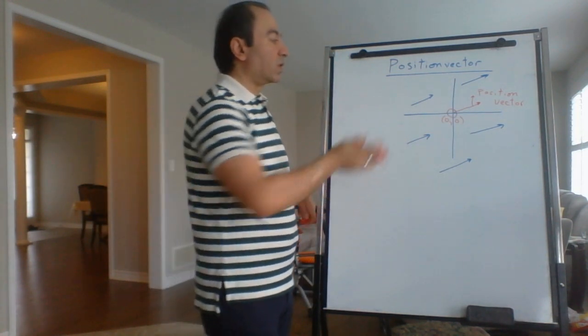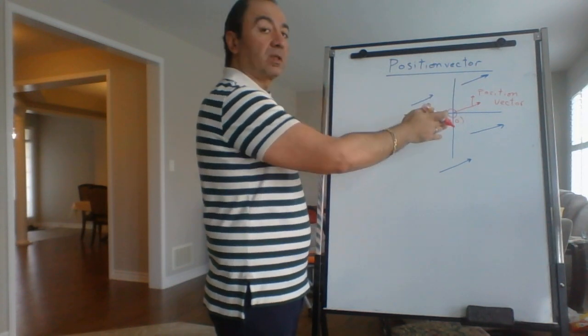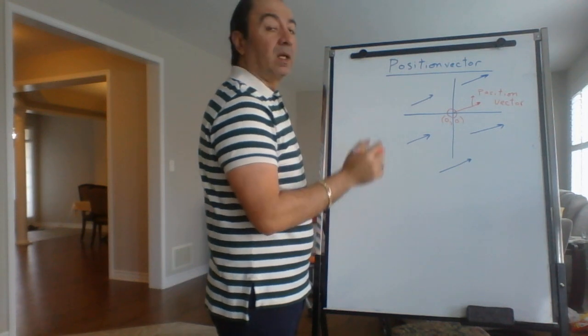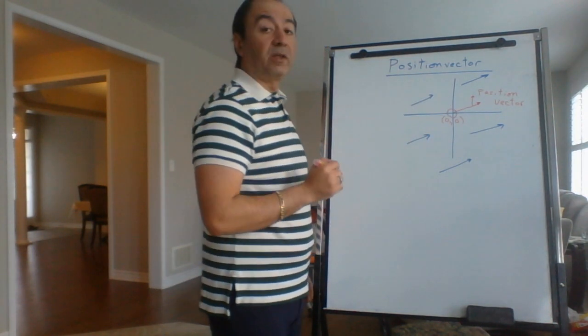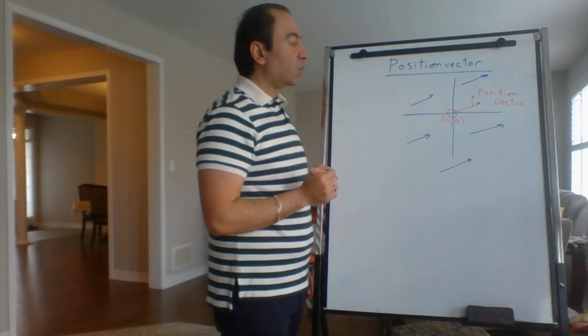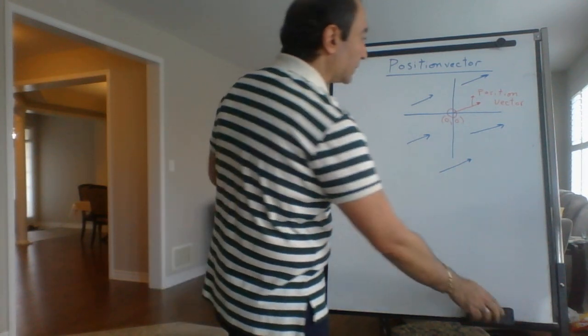So a position vector is a vector that represents many other vectors. It is parallel to them, with the same direction and same magnitude, and its tail is always at the origin 0, 0. Okay? So this is what we mean by position vector, and this concept is very important.